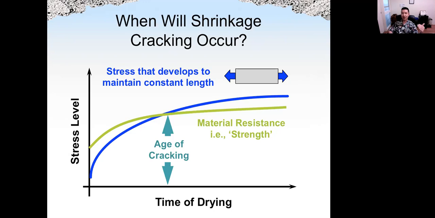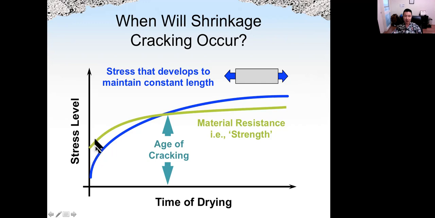So whether shrinkage will cause concrete to crack depends on the strength over time and also the stress over time. The blue line shows the stress level due to shrinkage, for example.